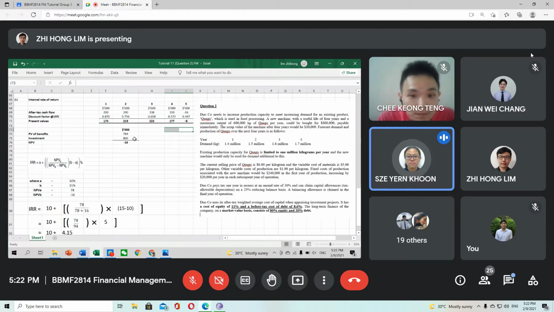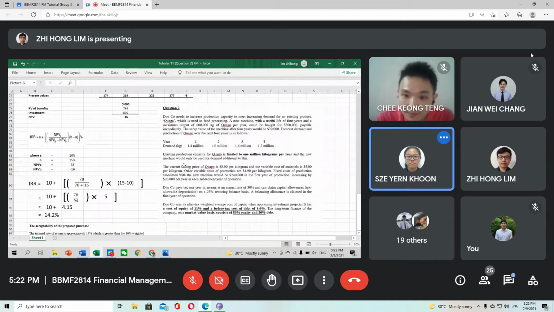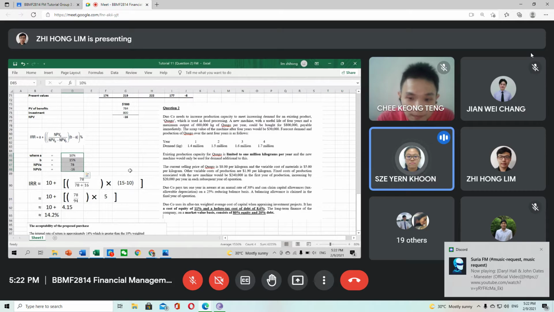You total up the present value, you get 784,000, then you minus the investment, which is 800,000, then you get a negative NPV. So you substitute inside the formula of IRR. You can see that A is 10%, B is 15%, the NPV positive is 78, and the negative is negative 16. Then you substitute all inside, and you get 14.2%.